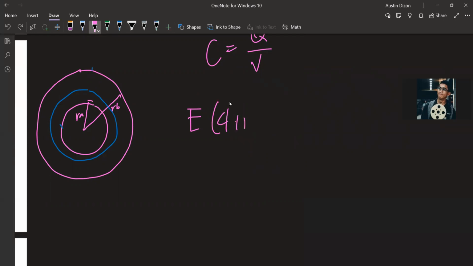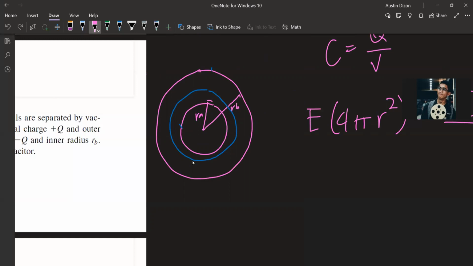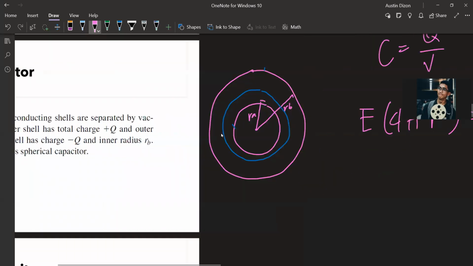Kuha ko ng spherical surface, 4 pi r squared, that is in between RA and RB. Variable naman yung r. And then the Q enclosed would be Q, simple Q kasi Q yung laman nung shell na nasa loob. Kasi ayun daw, total charge Q.